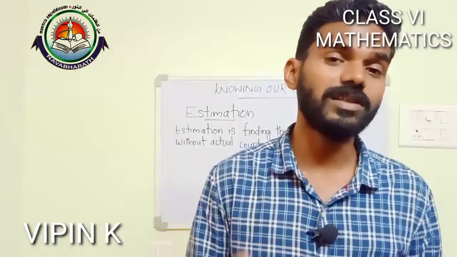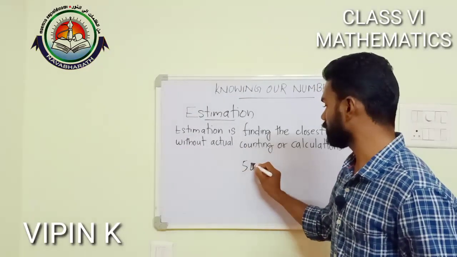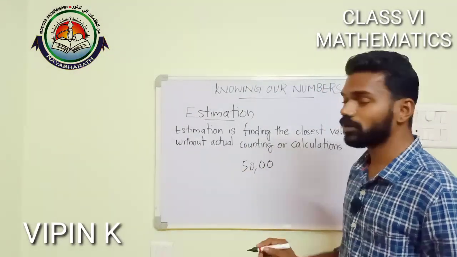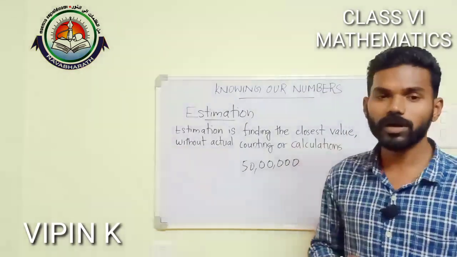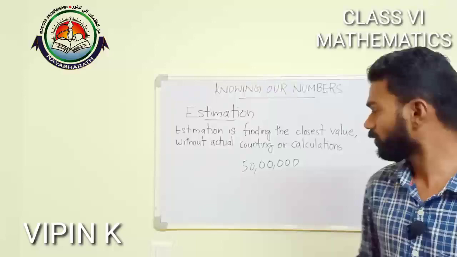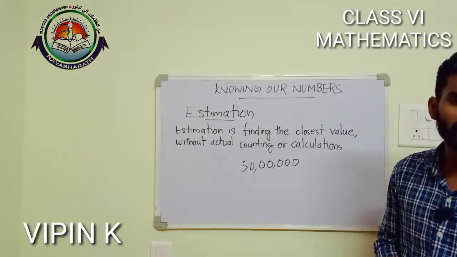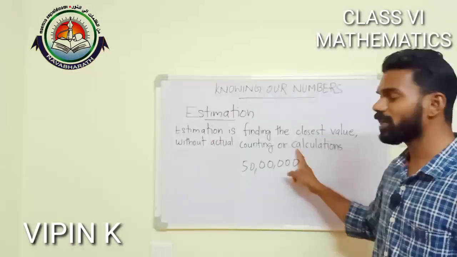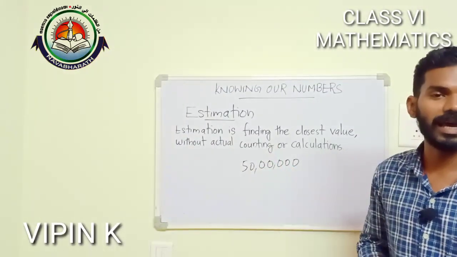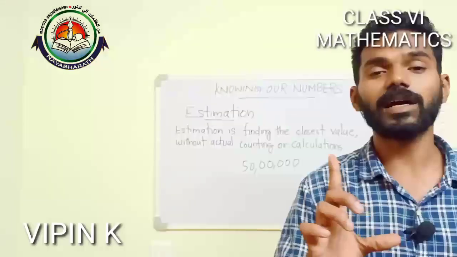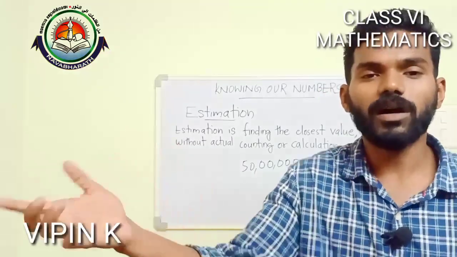Our estimation is around 50 lakh. The contractor is saying the estimated cost of building your house would be 50 lakhs. What does it mean? It is just an estimated value, 50 lakh, which is the cost of construction of your house. Clear?